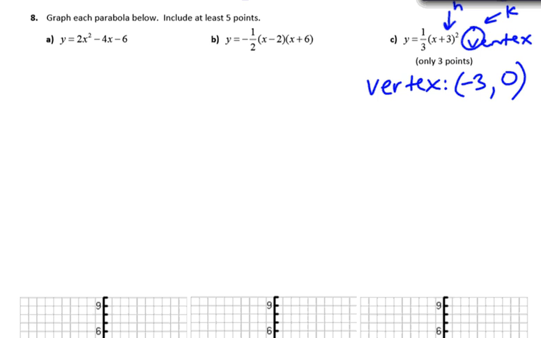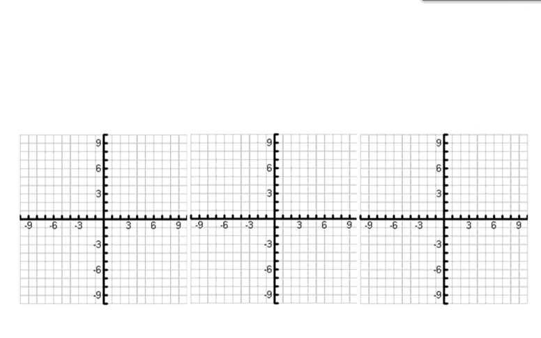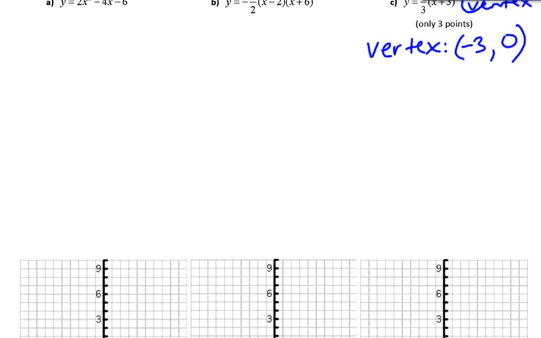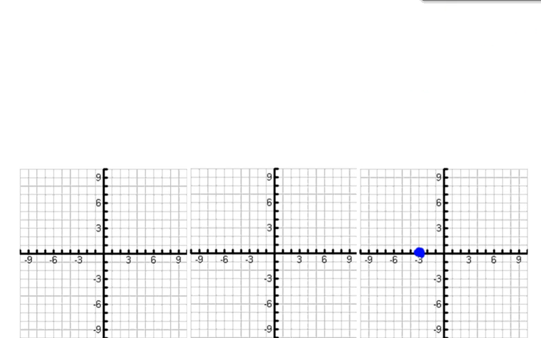So I'm going to go ahead and graph negative 3, 0. And that's my vertex, as well as, if you notice, my x-intercept. This is an example where I only have one x-intercept, which is my vertex, and that's where my axis of symmetry is going to be.